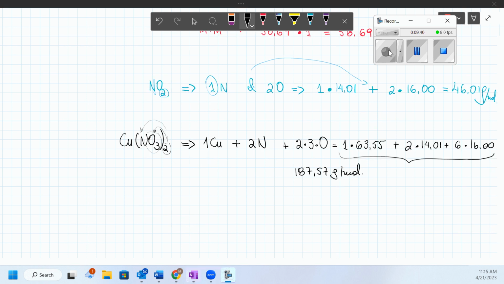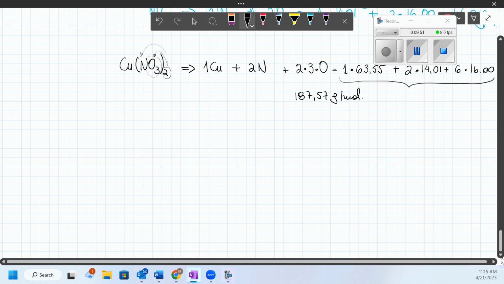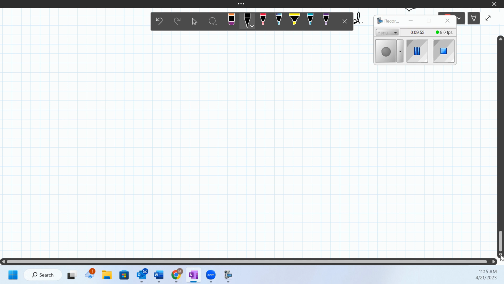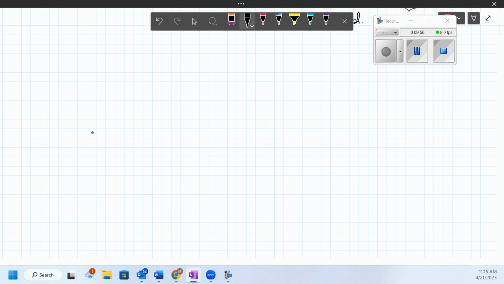Let's suppose that we have an organic compound, which we will deal with when that unit comes. But for now it is 1-butanol, and the chemical formula for it is C4H9OH. Okay.